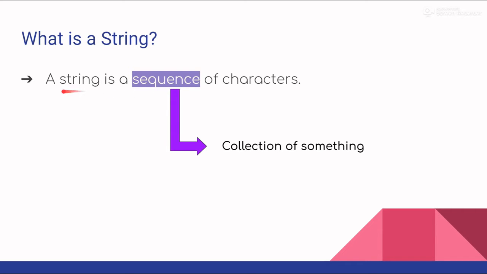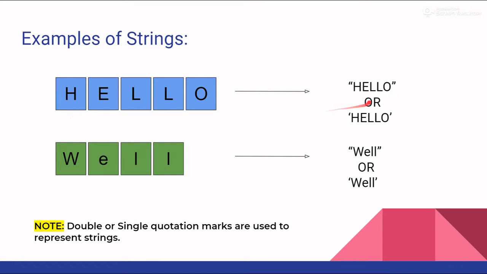This is just a revision. A string is a sequence of characters or a collection of characters. So for example, we can say HELLO within double quotes or single quotes, or WELL within double quotes or single quotes as strings, because these both are collections of characters or sequences of characters.